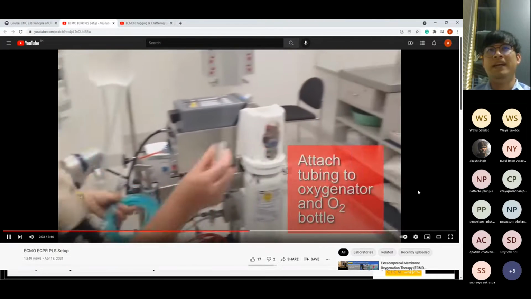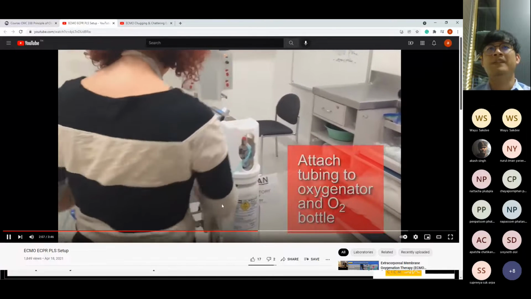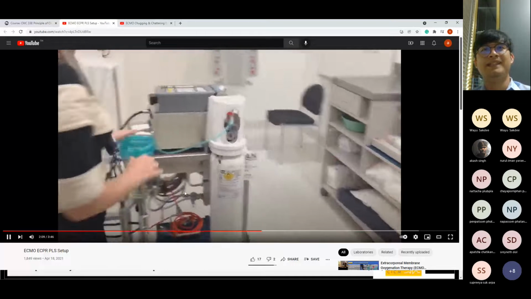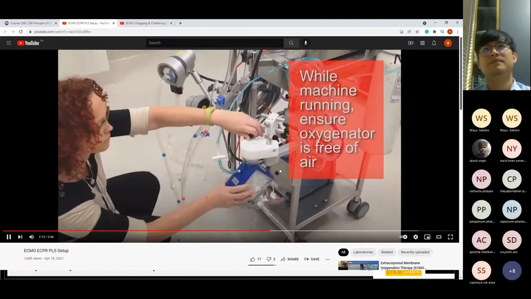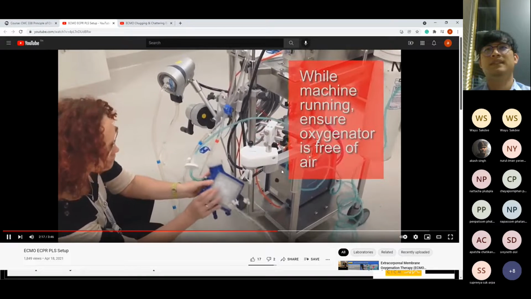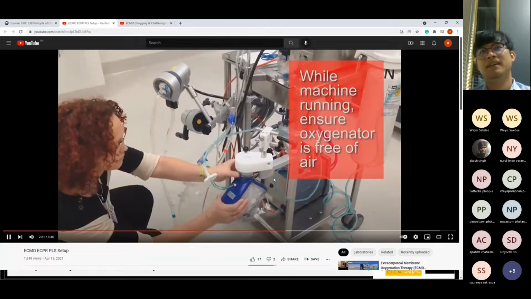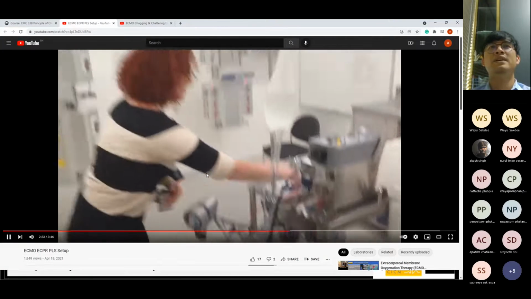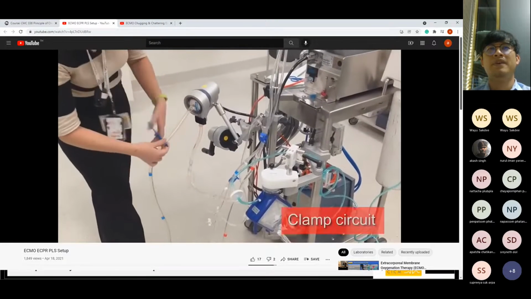So here is the gas line with the gas tank. Beside the ECMO cart, you can see the gas tank right here. Just recheck for air. Put it back into the holder. You can use the cam to help.